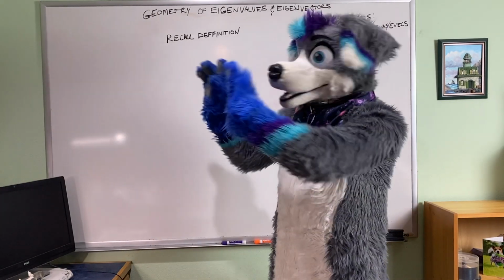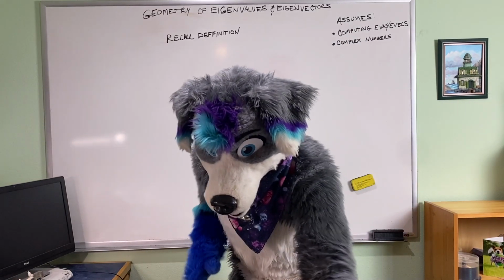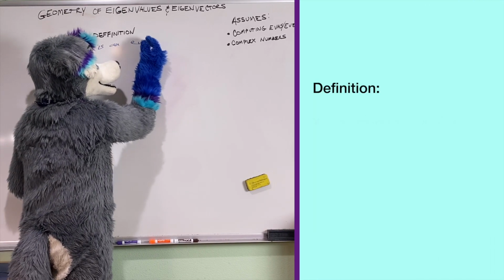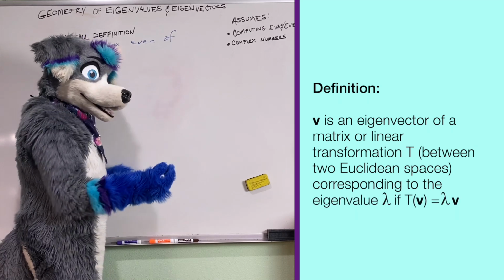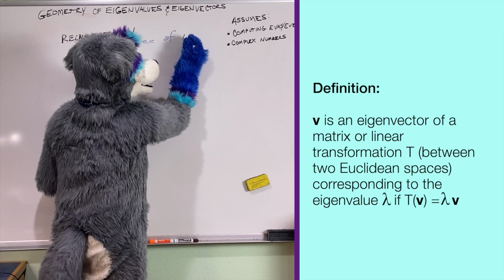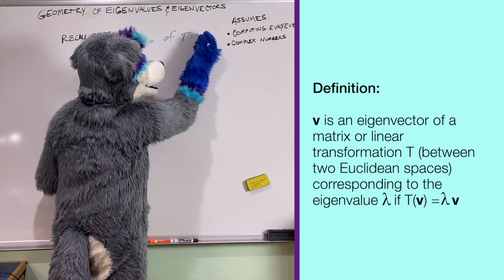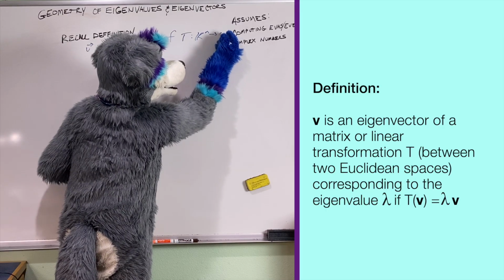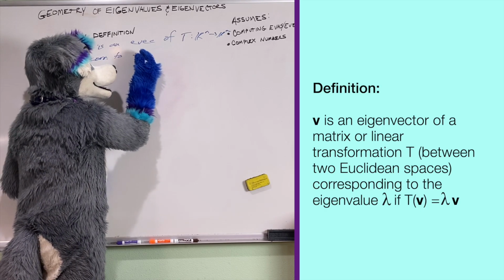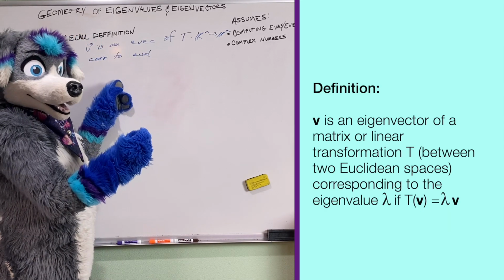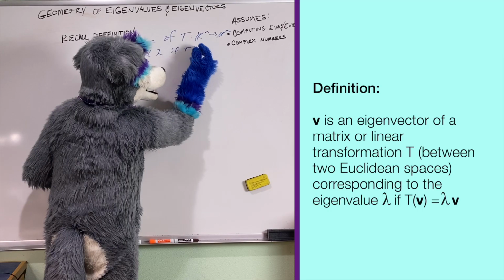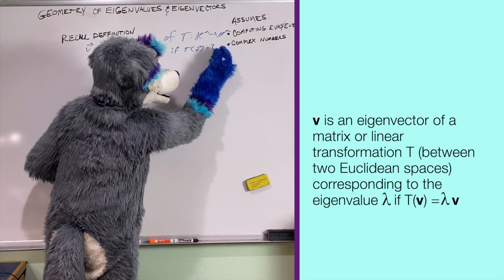Anyway, so just to recall what the definition of an eigenvalue and eigenvector are: v is an eigenvector of a matrix or linear transformation, but I'll just say linear transformation for right now, of linear transformation T, which will be between two Euclidean spaces, corresponding to the eigenvalue lambda, if T of v equals lambda v.